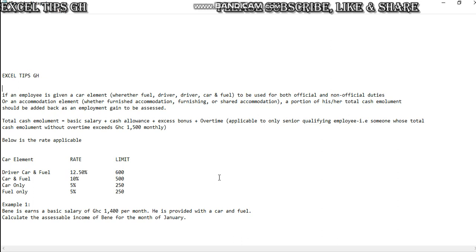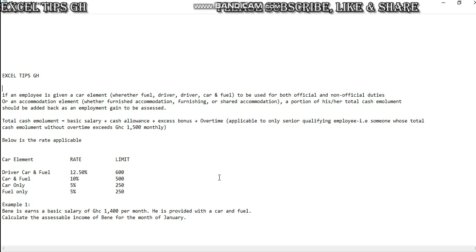Now, per the Act, it says that if that employee is given a driver, car and fuel, we are going to charge 12.5% of the person's total cash emolument and then add it back as a gain.